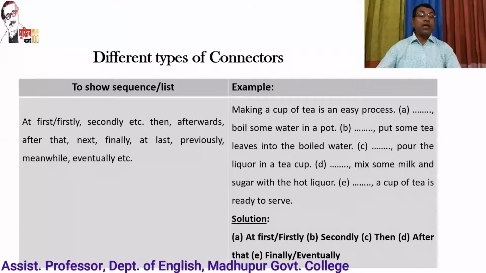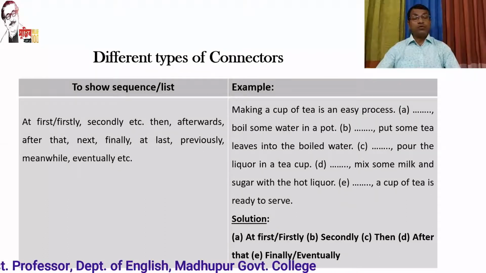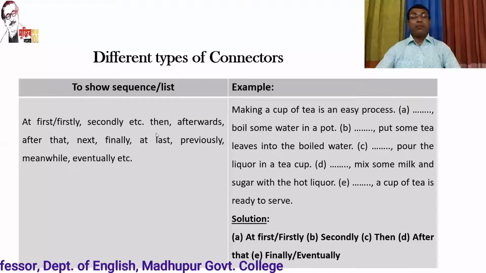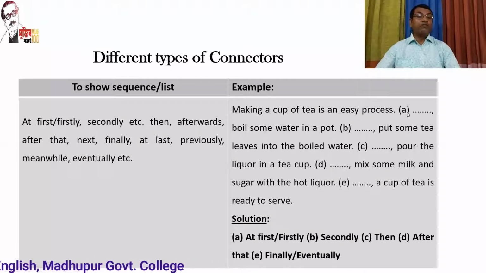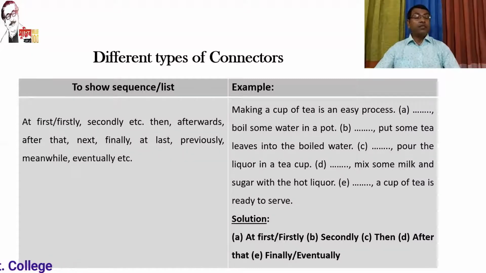So you should avoid this type of use of connectors, as you have many other alternatives for the same purpose. You should not follow firstly, secondly, thirdly, fourthly. You should bring about a variation in your use of connectors.